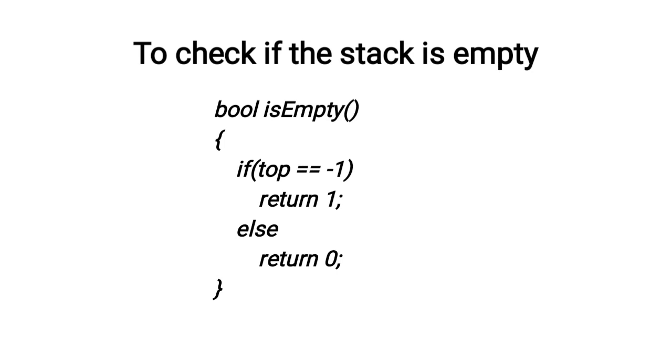As I explained before, if the value of top is equal to -1, it means that the stack is empty. That is what I've used over there. But if that condition is false, it will retain 0. Why retaining 0? It will retain 0, saying that it is false that the stack is empty.